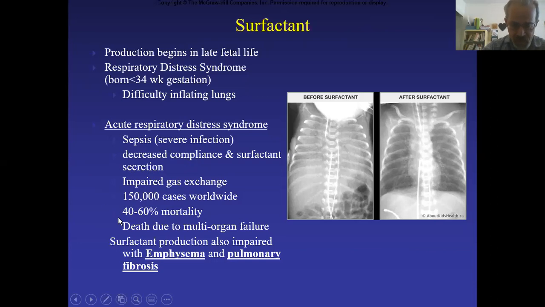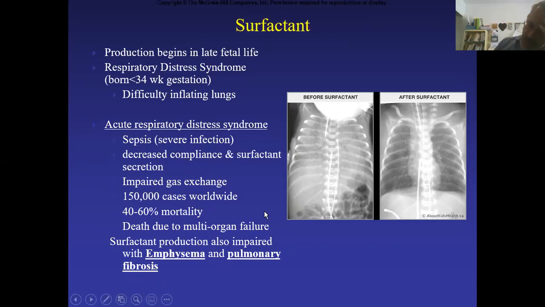And what happens is if you're not able to breathe very well, that's going to affect the function of the lungs and multiple organs can fail. A reduction in surfactant also occurs with things like emphysema and pulmonary fibrosis.